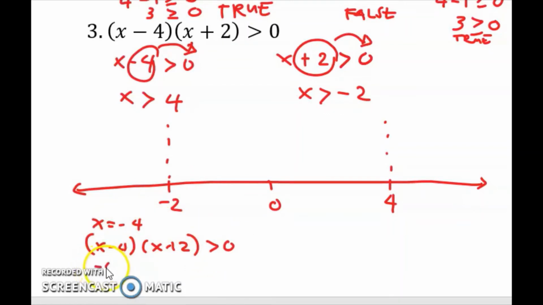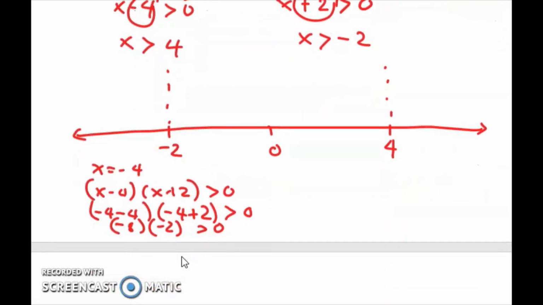So, we will have here negative 4 minus 4. Okay, negative 4 plus 2 greater than ba yan kay 0? What is negative 4 minus 4? This is negative 8 multiplied by negative 4 plus 2. Negative 2. Is that greater than 0? What is negative 8 times negative 2?